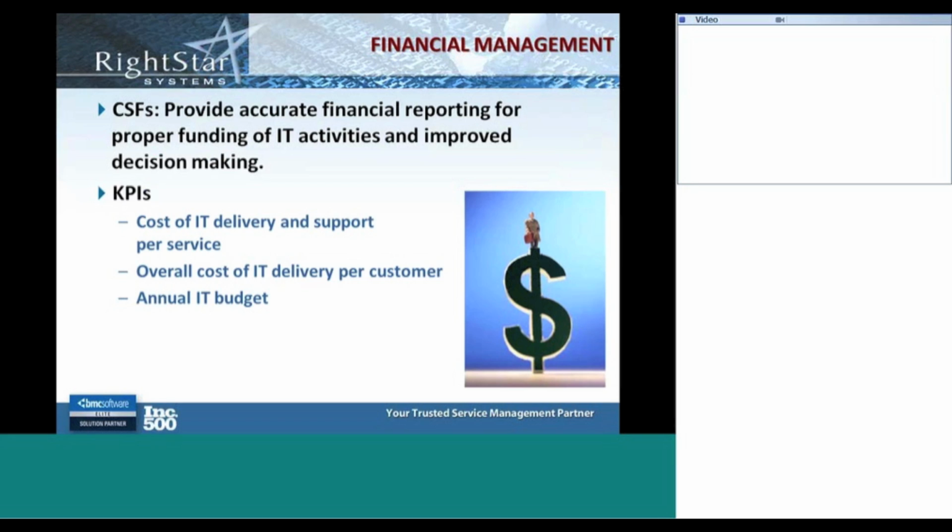So if that is a critical success factor, then we want to be sure that we are accurately reporting the cost of delivering and supporting IT services. We need to be sure that we are accurately reporting what the overall cost is of delivering IT services, and we need to be sure that we have an accurate annual IT budget.